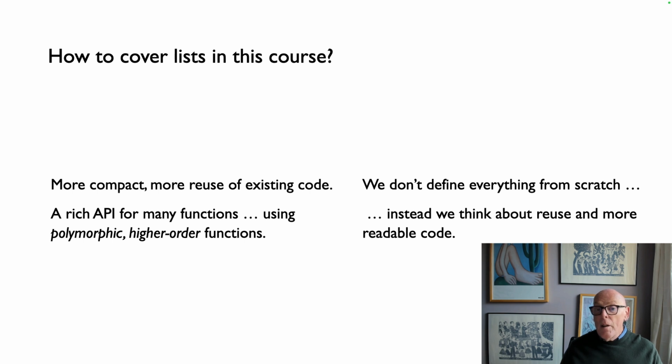For example, applying a function to every member of a list to transform it in a particular way. So those are very powerful functions. We will learn about those functions before we talk about how to define them from scratch, which we will do in due course using recursion. But the approach I'm taking here is to see what the functions are that we can use and reuse before we start defining everything from scratch.